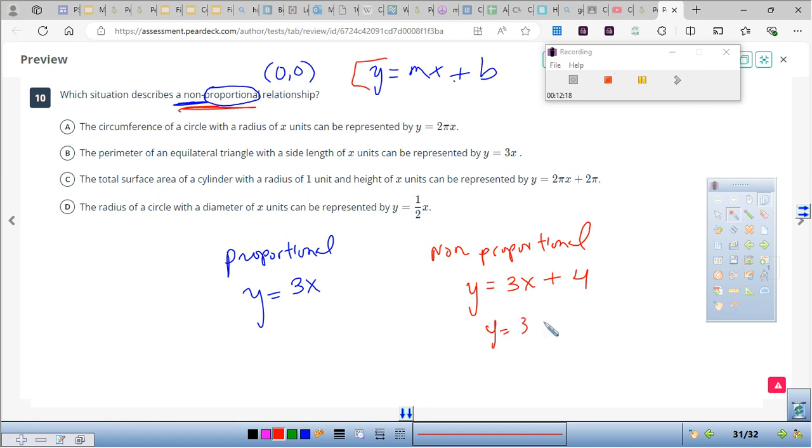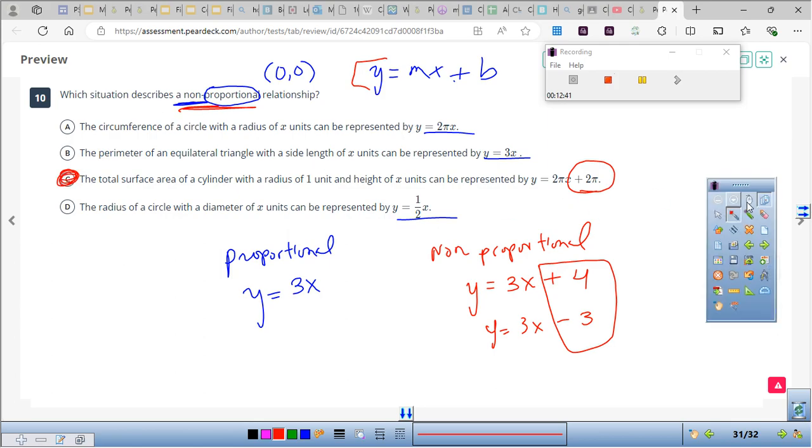Y is equal to 3x minus 3. If it has a plus or minus something, that is your non-proportional. This is all proportional here, because there is no plus or minus stuff. This over here is non-proportional because it has this part right there. Hopefully that makes sense.